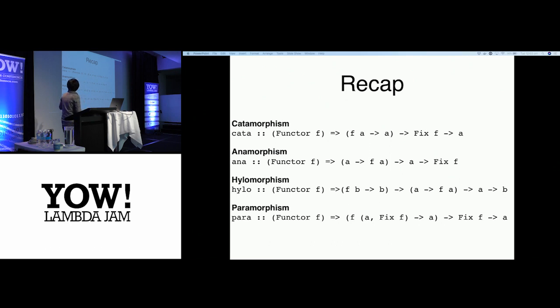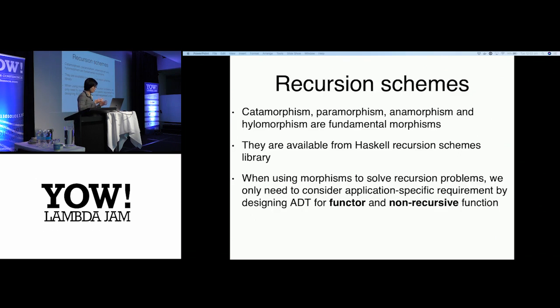And finally, paramorphism is almost the same as catamorphism, except it includes that additional fix of f here. All these morphisms are fundamental, and they are already available from the Haskell recursion schemes library.